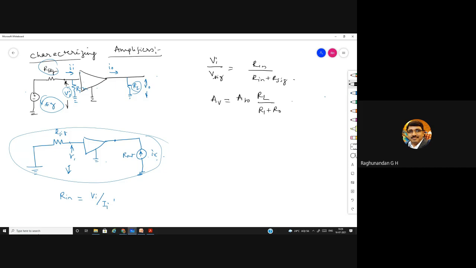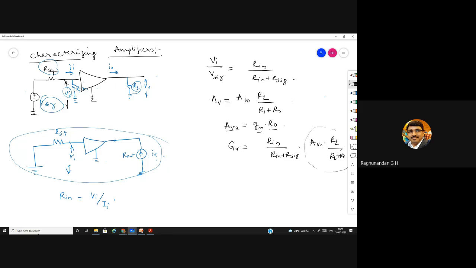So the relationship between the voltage gain and the transconductance can be given as Av0 is equal to Gm into R0. This is the transconductance, this is the output resistance, and this is the voltage gain. And the overall voltage gain is considered to be Gv is equal to Rin by Rin plus Rsig into Av0 into RL by RL plus R0.